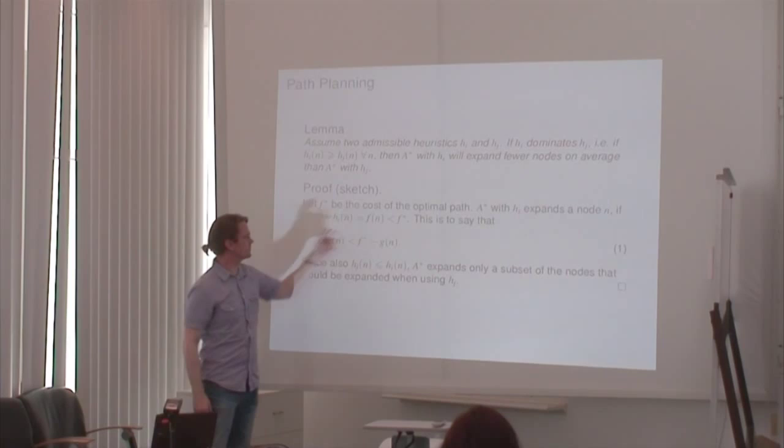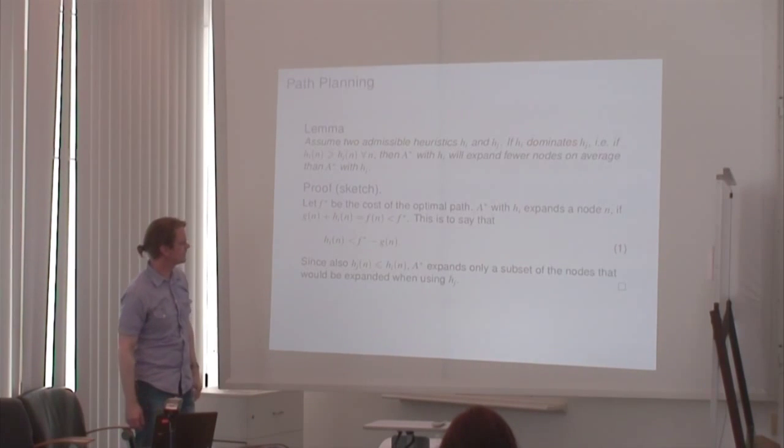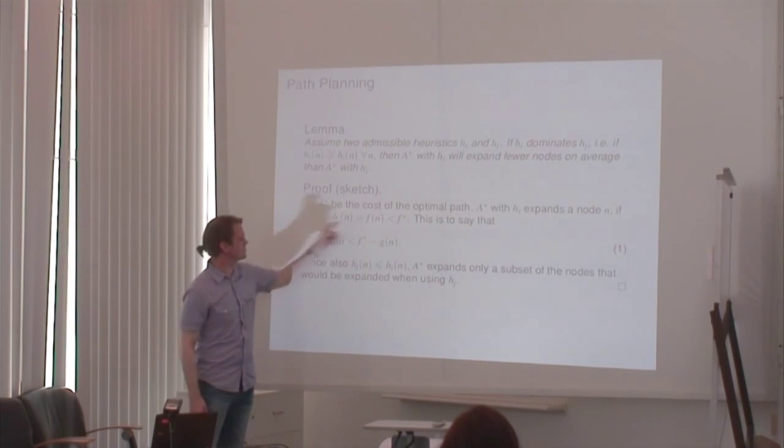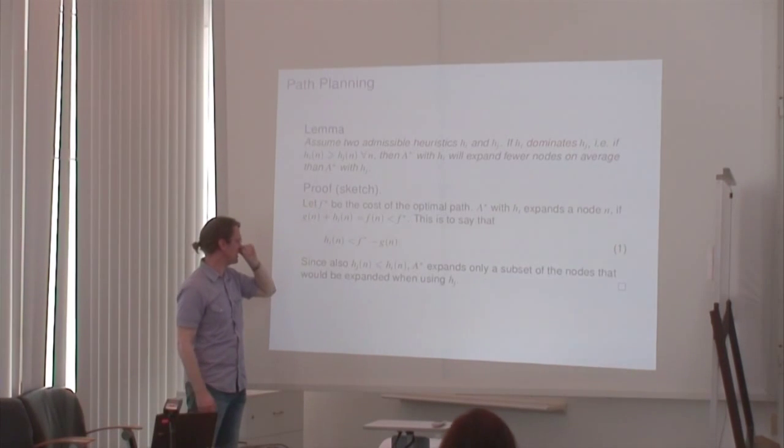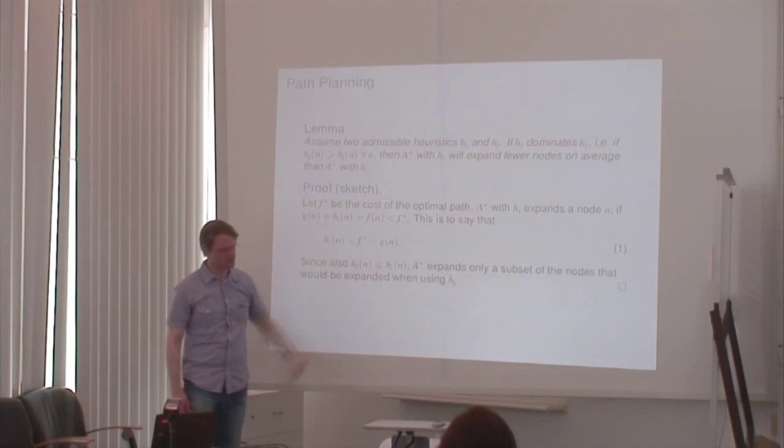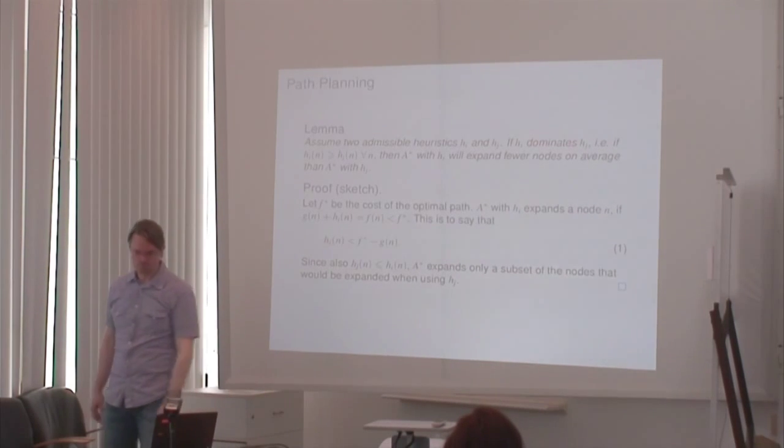We can rearrange this equation, subtract g on both sides, and we find that Hi of n is less than f star minus g of n.